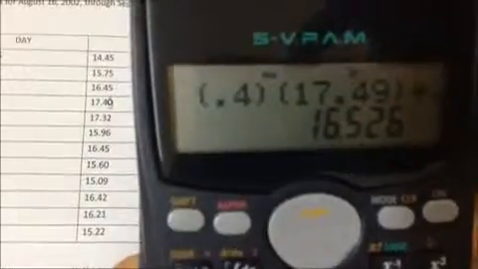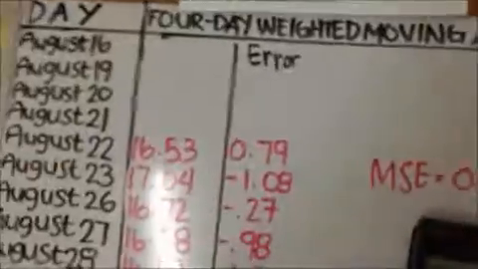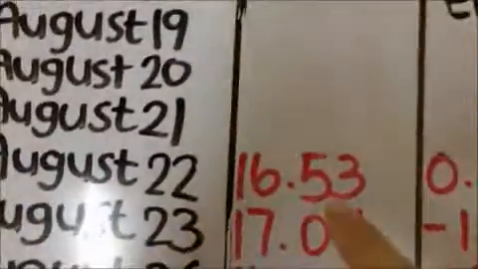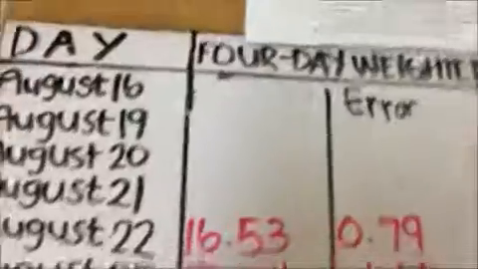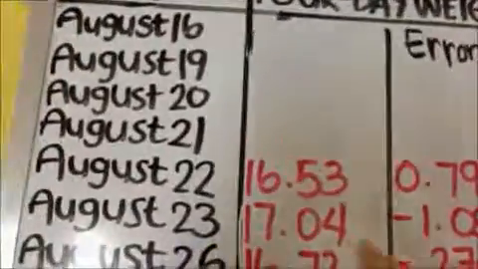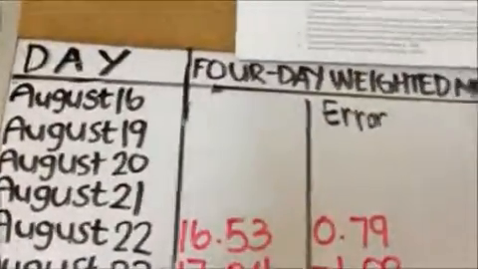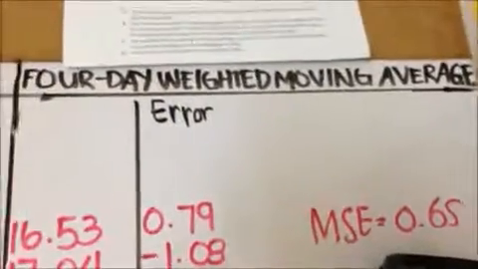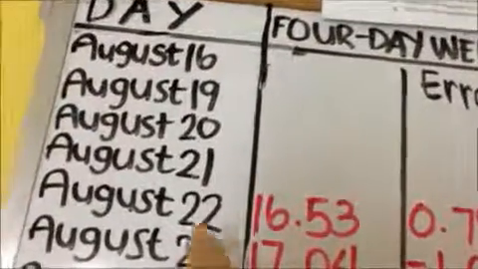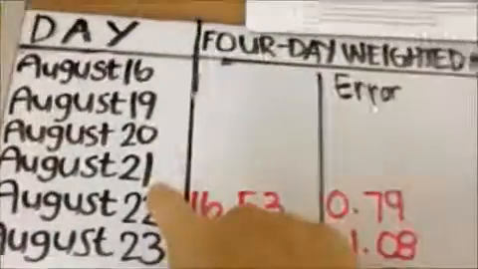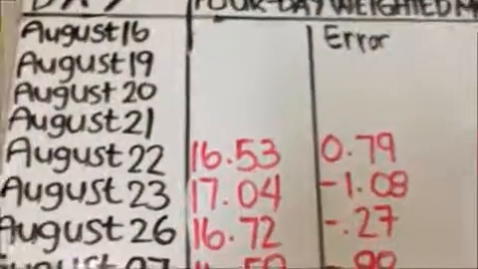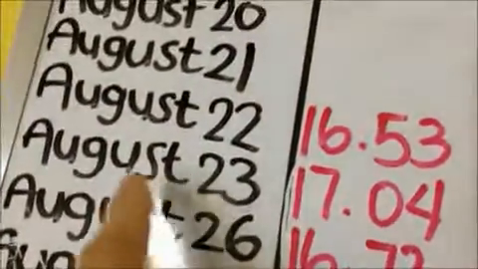So we get 16.53. We are placing the answer at the line of 5 because we are looking for 4-day. Always put the answer at line of 5. For example, if you are going to look for a 3-day weighted moving average, you're going to place the answer at the 4th line. But here we are looking for the 4-day, so we are placing it at the line of 5.